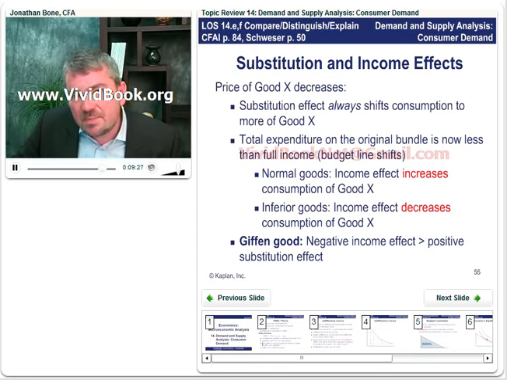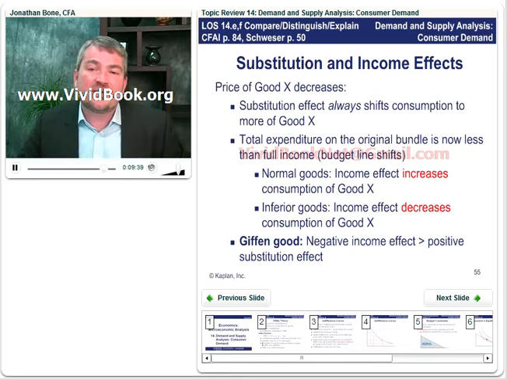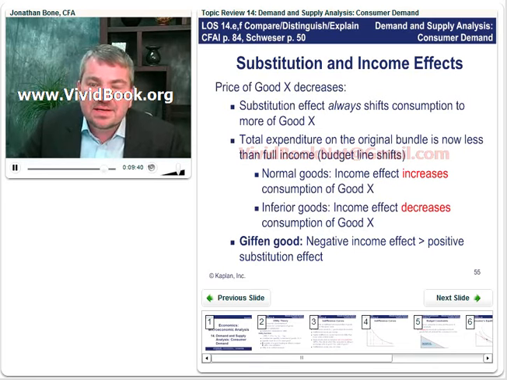So we could potentially have a positive substitution effect, but a negative income effect working in the other direction. And in particular, we need to discuss a Giffen good. A Giffen good essentially is when the negative income effect is greater than the positive substitution effect.